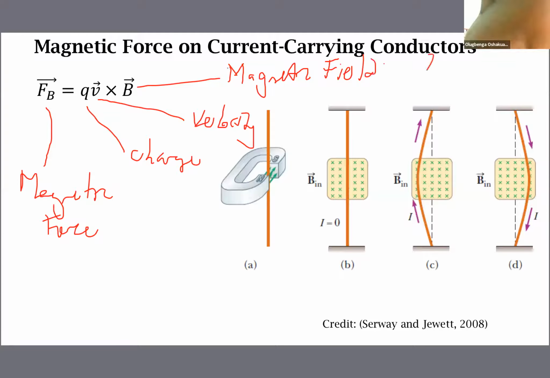And this operator here is cross product. It's not the normal multiplication.